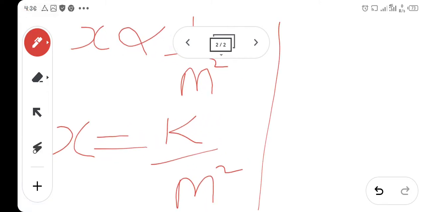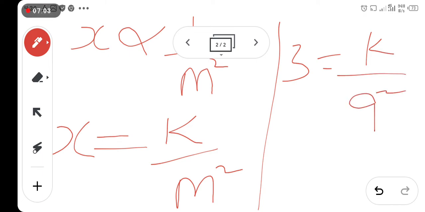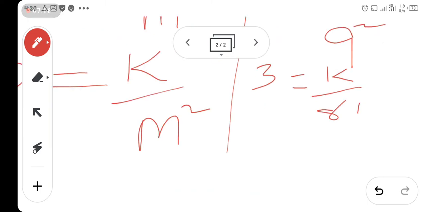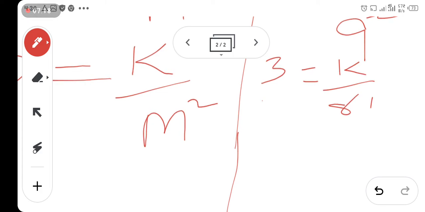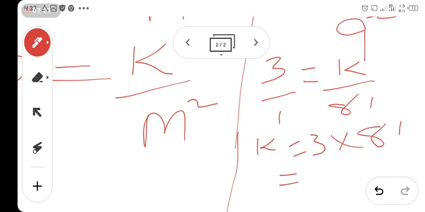When x is 3, m is 9, so we have 3 equals k all over 9 squared. Of course, we know that 9 squared gives us 81. So we have 3 equals k all over 81. If we cross multiply, we have k equals 3 times 81, which gives us k equals 243.